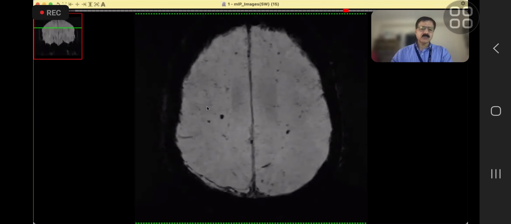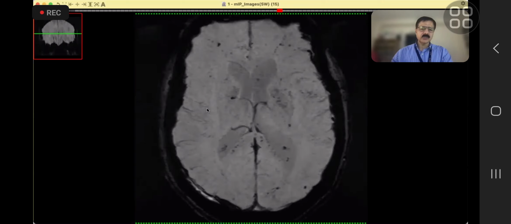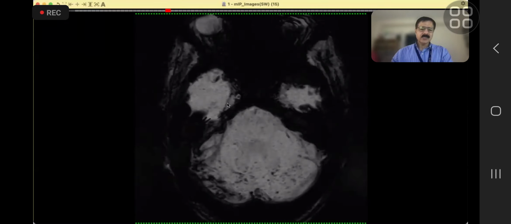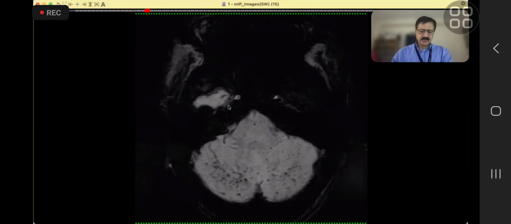Some of these might be diffuse axonal injury, fine, particularly the subcortical ones, but please remember that the cerebellum is a rare site. Academically speaking, four sites in diffuse axonal injury are more common, which you should remember for your exam: subcortical gray white matter junction, then corpus callosum, internal capsule, and brainstem.